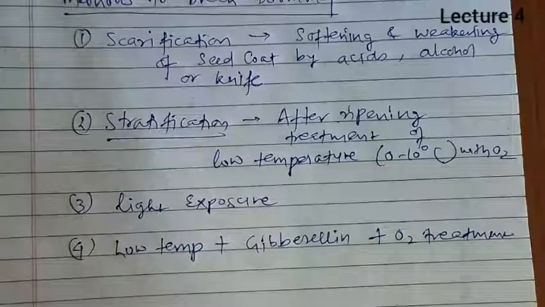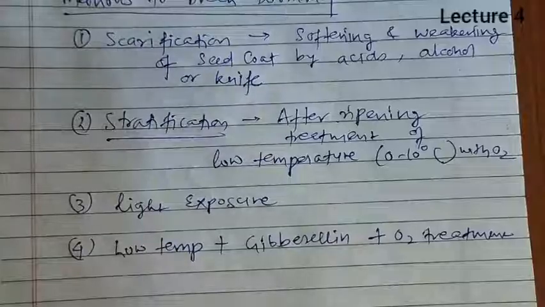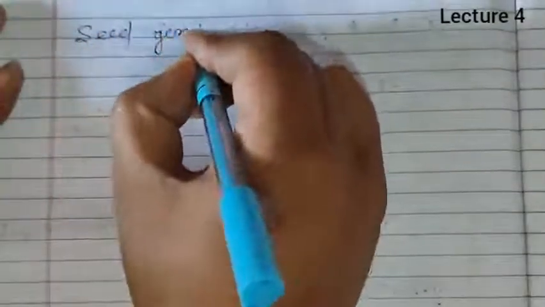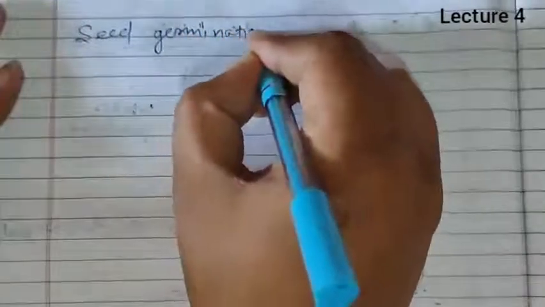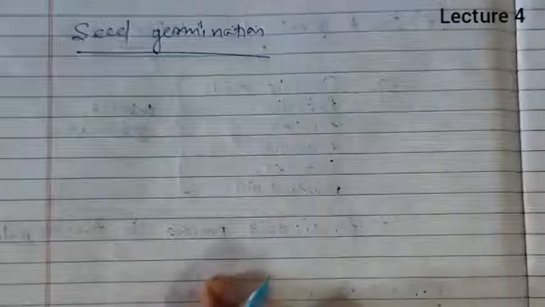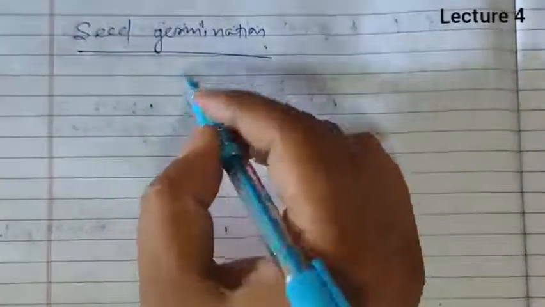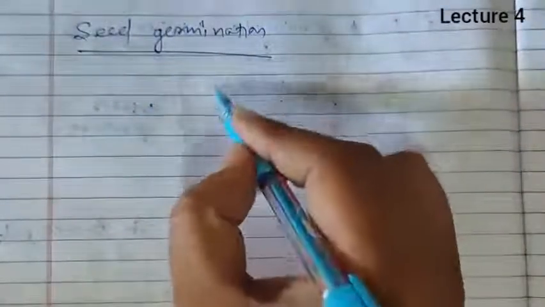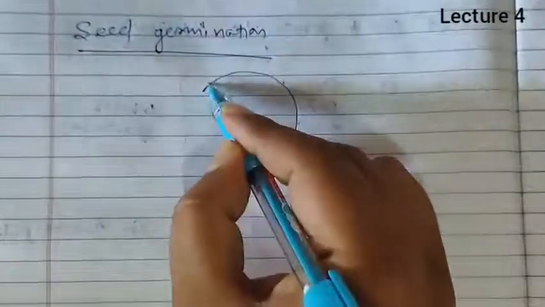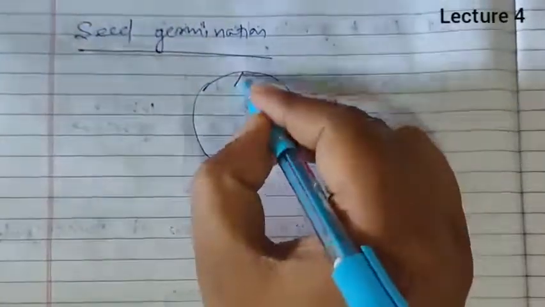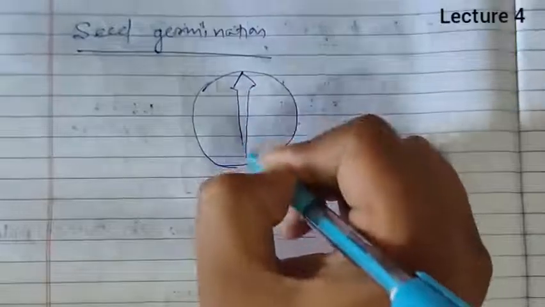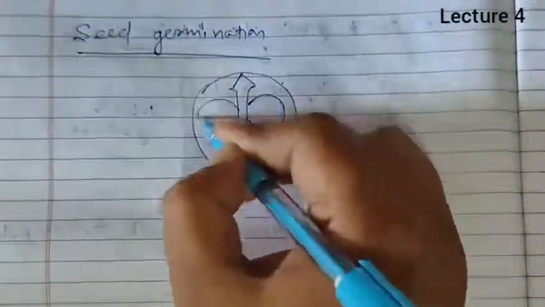Now next we are going to discuss seed germination. Here the suspended growth is over. When we talk about seed germination, first we should draw the diagram of a seed. The seed has a seed coat, and it has an embryonal axis and cotyledon.